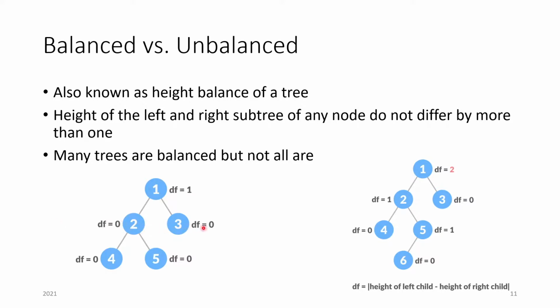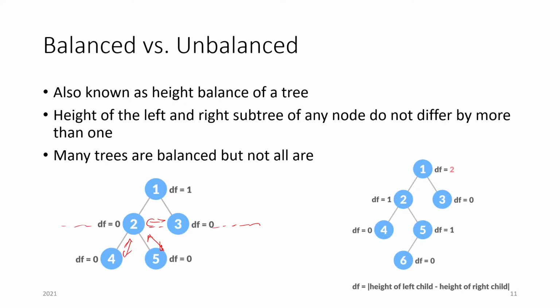If we consider this level to be our 0th level, because we're dealing with the subtrees, we can see that the difference here and the difference here will not differ by more than 1. So we're basically okay.